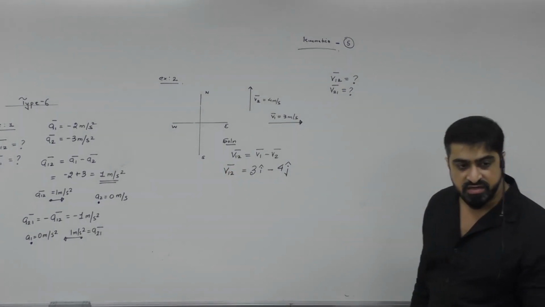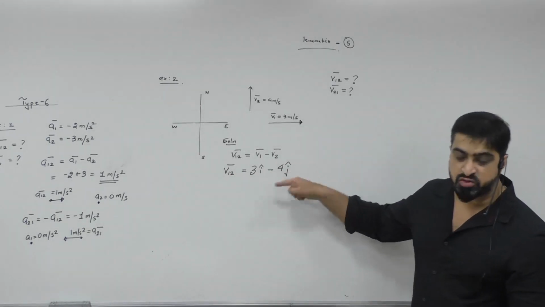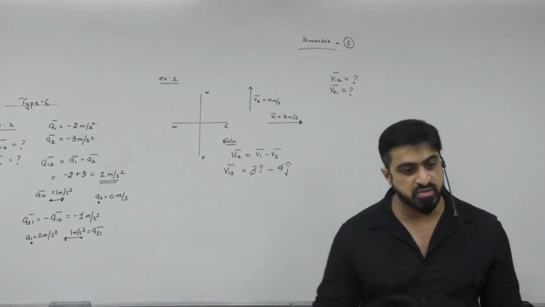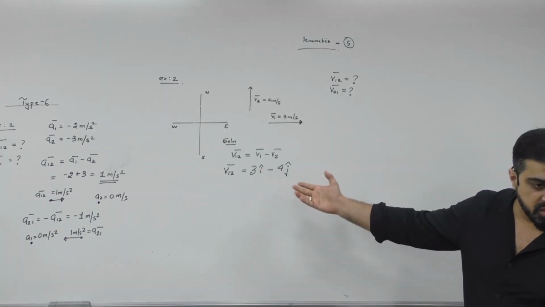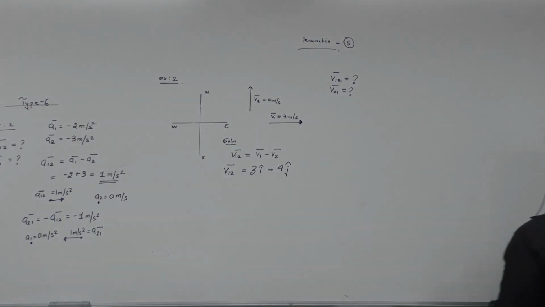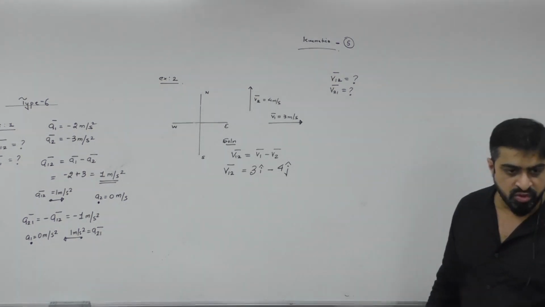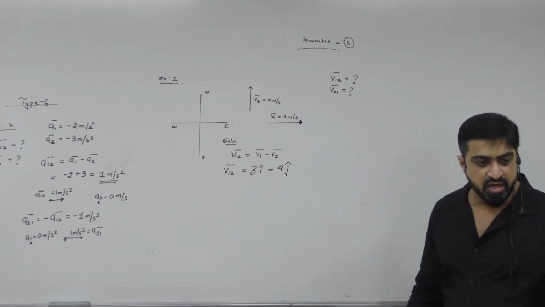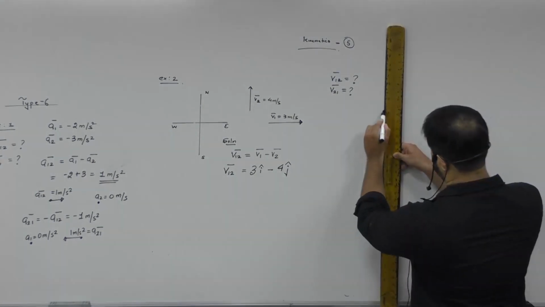So they are telling you that V12 bar is 3 I cap minus 4 J cap. Now I have to plot this in the parallelogram law. Pay attention how to do it. You can do it either by triangle law or by parallelogram law. I am doing it by parallelogram law. You can try it by triangle law at home.